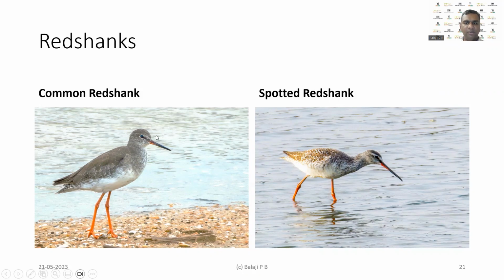It's also quite thick. Whereas in the spotted redshank, the beak length is relatively long when compared to the common redshank, and the beak is also quite thin when compared to the common redshank. So this is how you can differentiate between the two species, the common redshank and the spotted redshank.